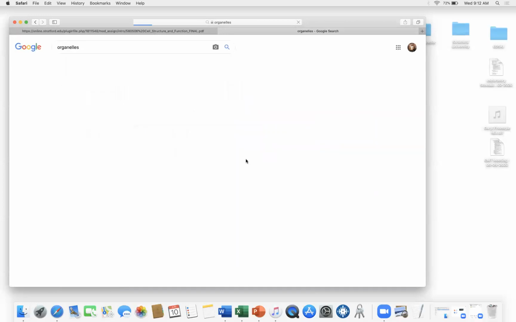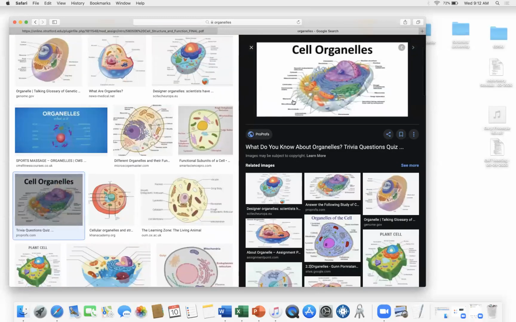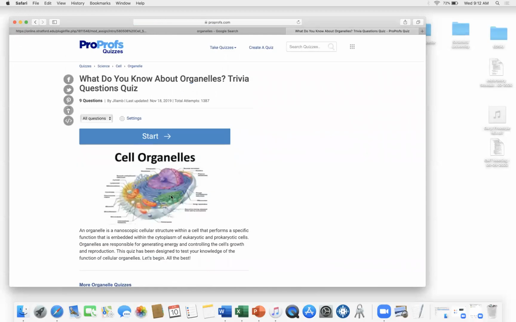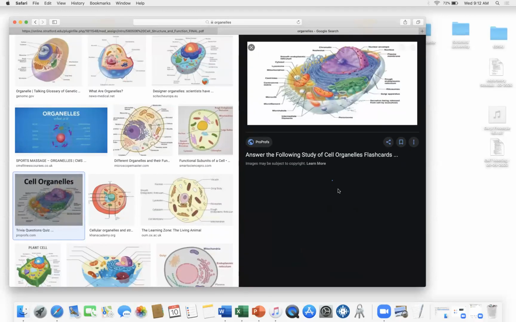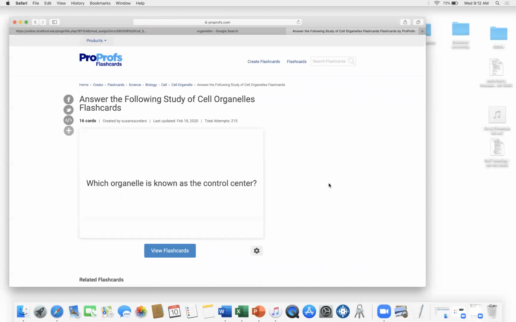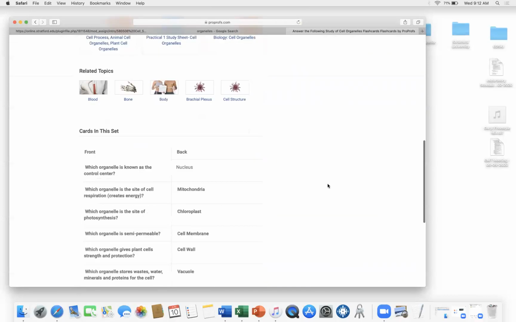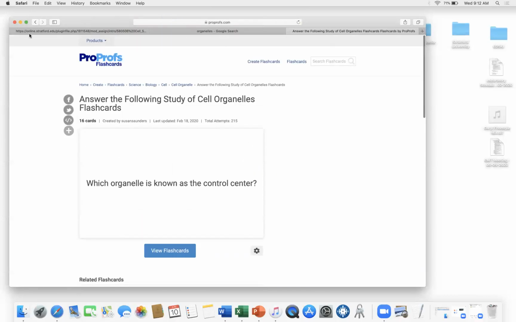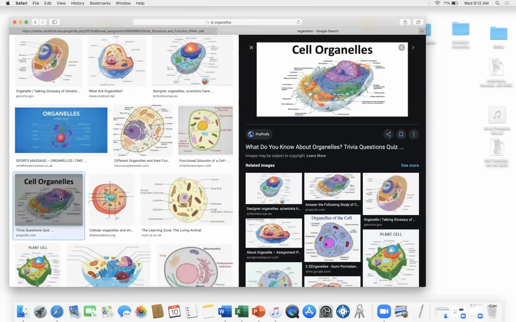Let's try to get one that has all the parts in it. Yeah, this one I remember has all the parts in it. Pinterest, hate you. This one. Oh, this is cute. This is a nice little flashcards where you can test yourself. But that's not what I want. I want just the picture. Is it so difficult just to get a picture?